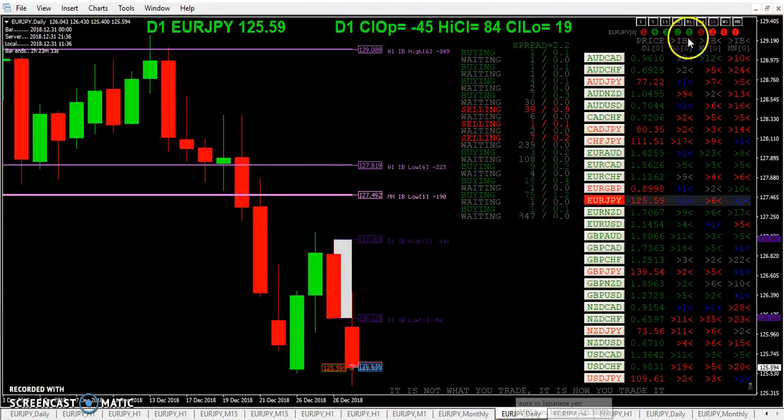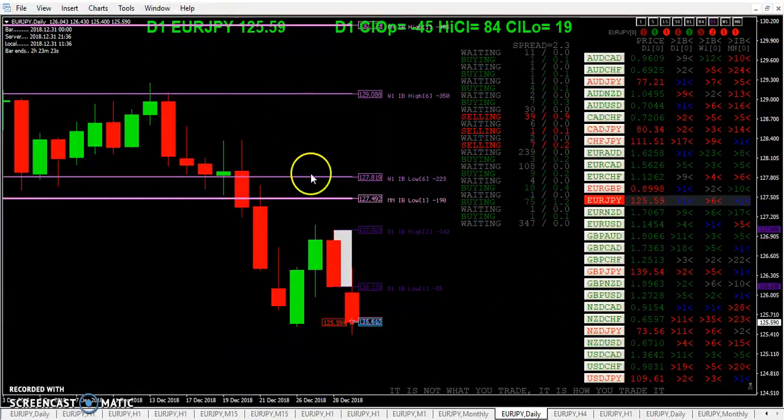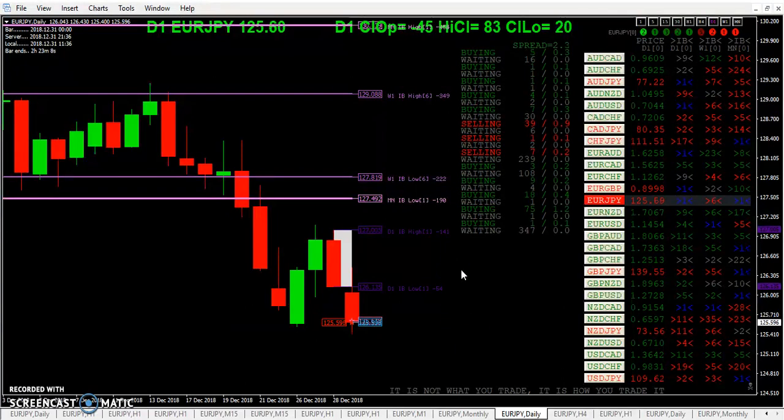Okay, and we definitely want to look at the inside bars. Because you can see here we had a breakout even the day of the inside bar. It came back in and then it left out 54 pips to the good. So these daily inside bars, I think we can trade these also very successfully. And remembering that what we want to do is we can use pending orders at the various levels.